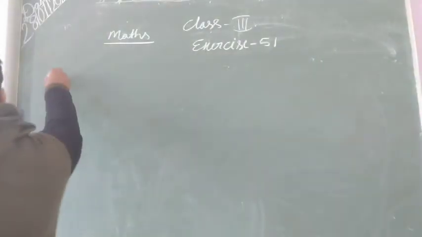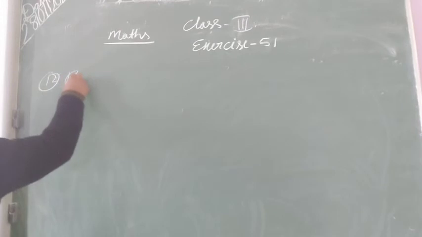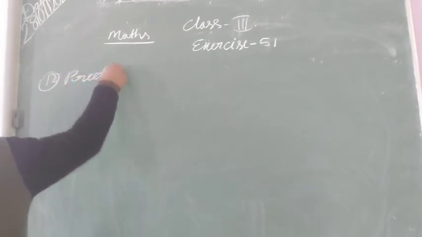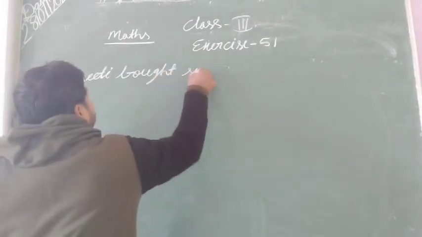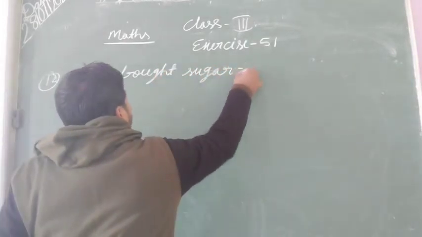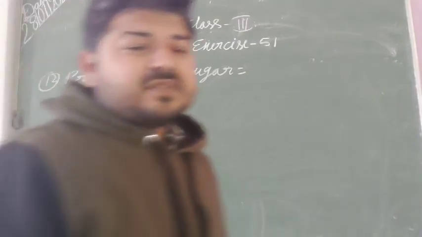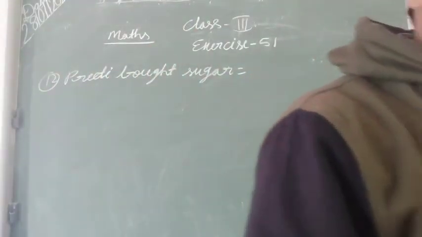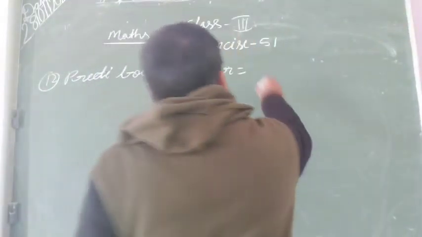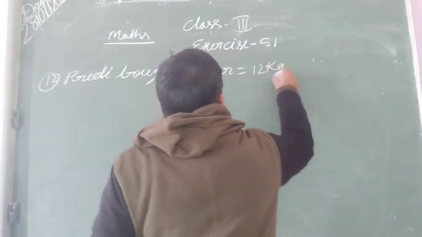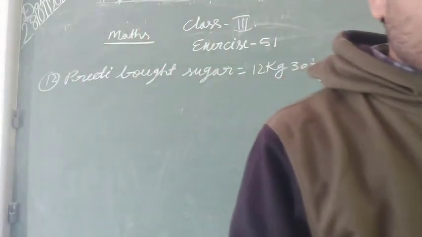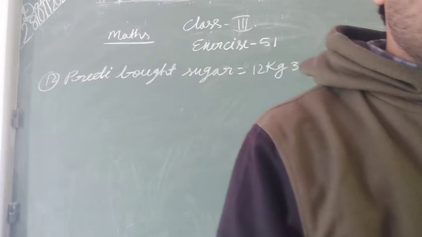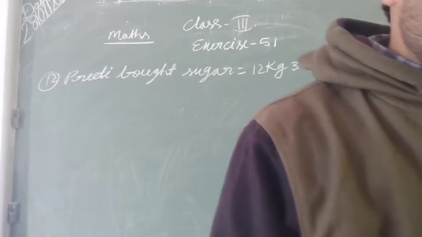So you have to write Preeti bought sugar in the beginning of month 12 kg 300 gram. She used 11 kg 725 gram of it during the month.